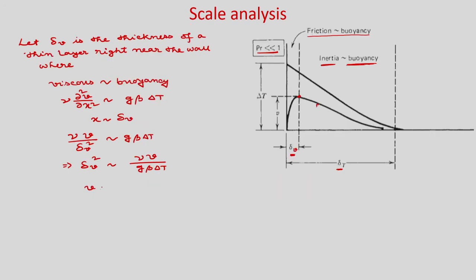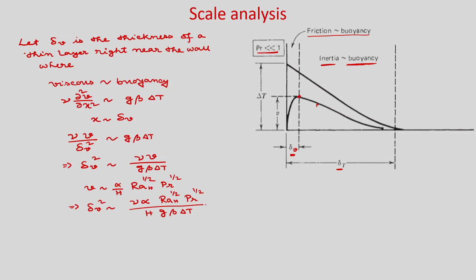So, now V will be order of alpha by h, Rayleigh number to the power half and Prandtl number to the power half. So, if you put this V here, you will get delta V square will be nu into alpha, Rayleigh number to the power half, Prandtl number to the power half divided by h into g beta delta T. Okay. So, now we will rearrange it.